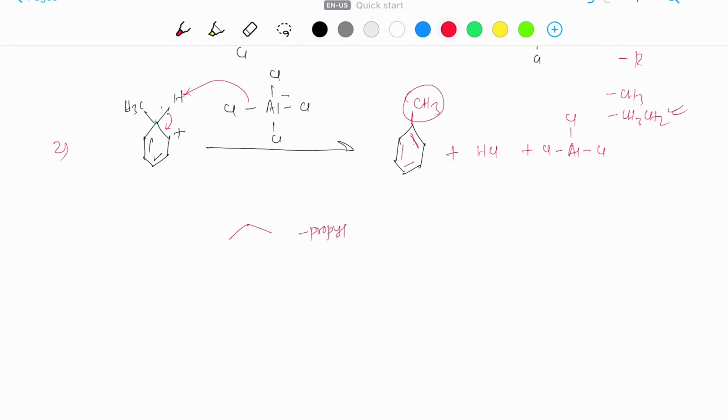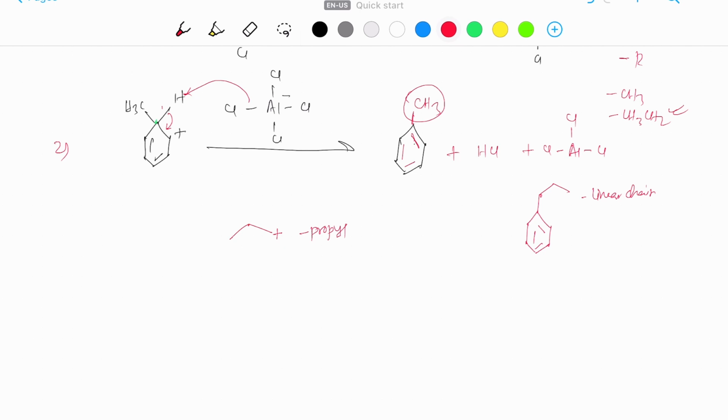Right. And let's say we have a carbocation that has a positive charge here, right? And you want to form something like this. So this is our benzene ring, and you want to form like this, 1, 2, 3, right? So you want to form this propyl benzene, that has a linear chain. So you might think, okay, the mechanism is similar, right? So you have to find a way where you have a positive charge on this propyl group.